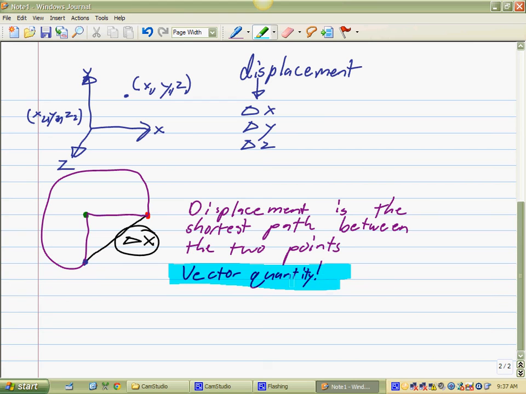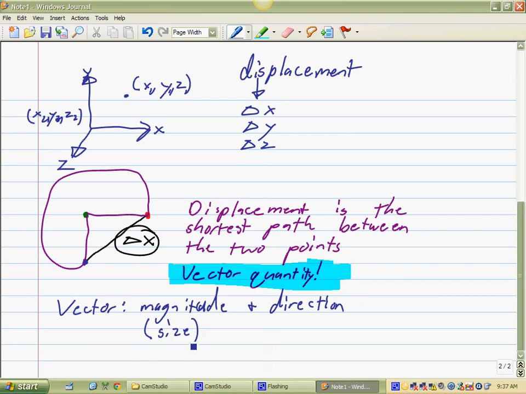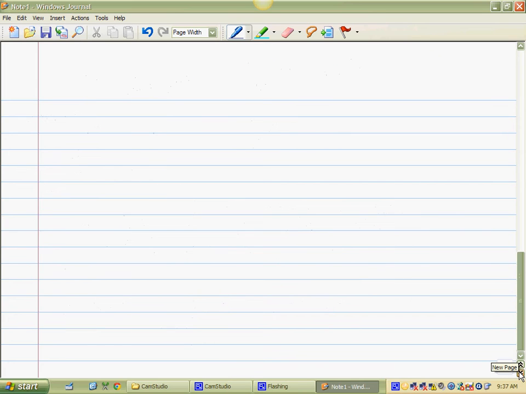So what does that mean, to be a vector? A vector is a special kind of measurement, something that has magnitude and direction. And magnitude is just a fancy way of saying size. So how do I show magnitude and direction?